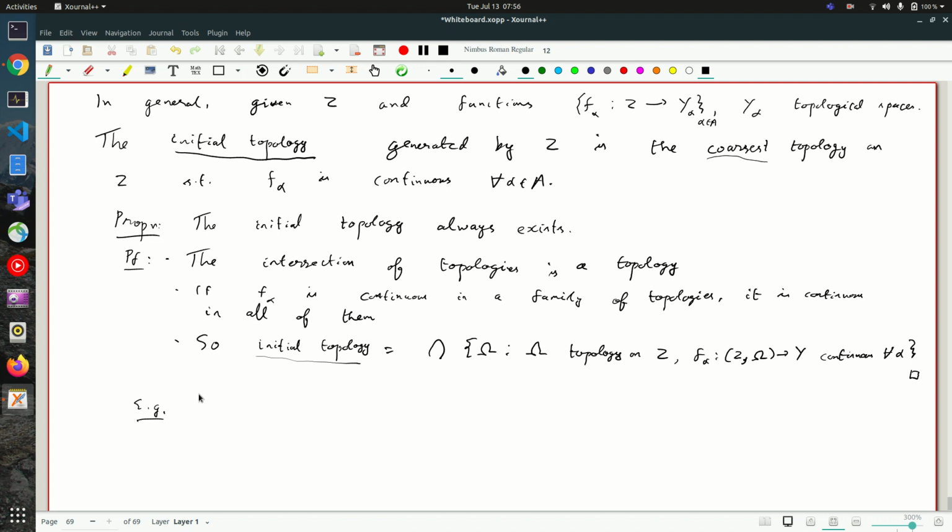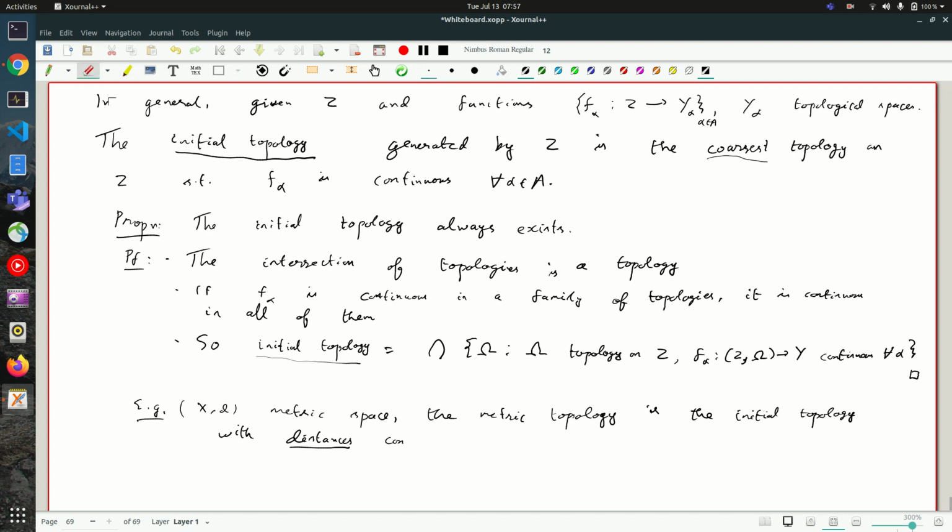But first, another example for this is that if (X, d) is a metric space, the metric topology. Well, what functions do we have from a metric space? The metric topology is the initial topology with distance being continuous.